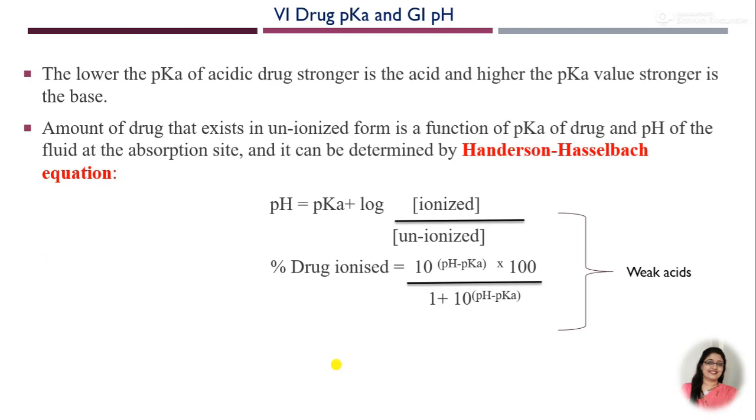The lower the pKa of an acidic drug, the stronger is the acid, and the higher the pKa value, the stronger is the base.